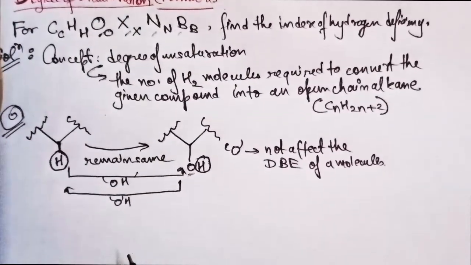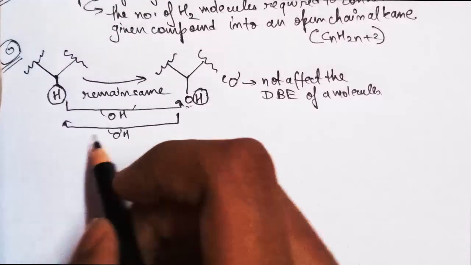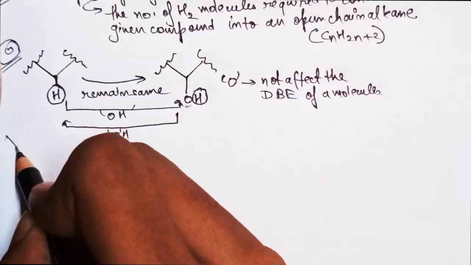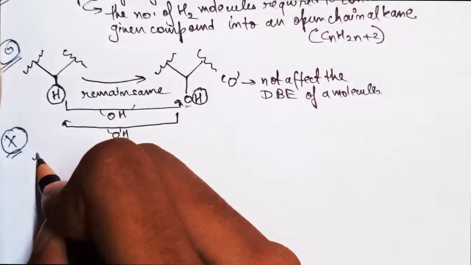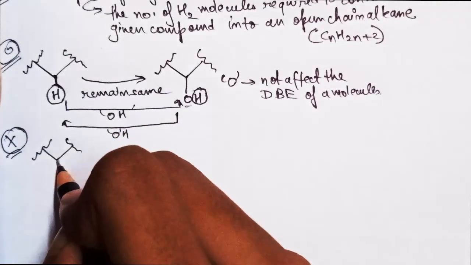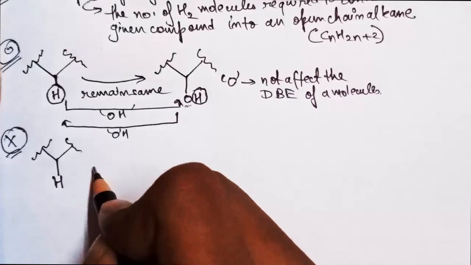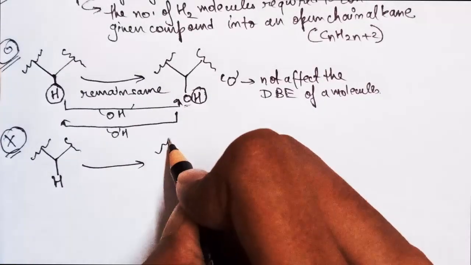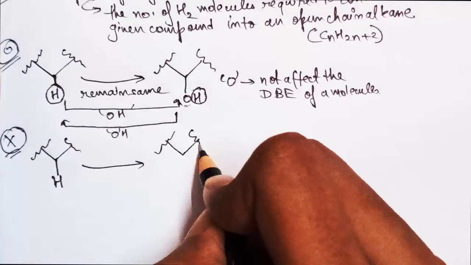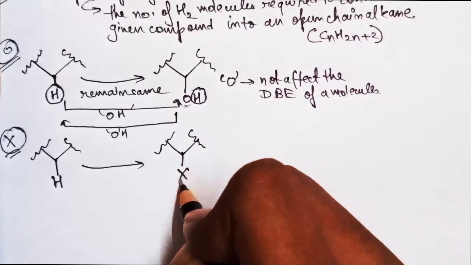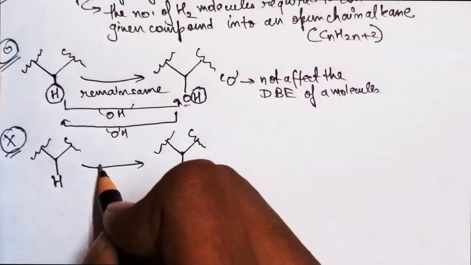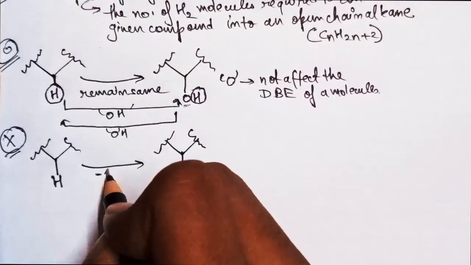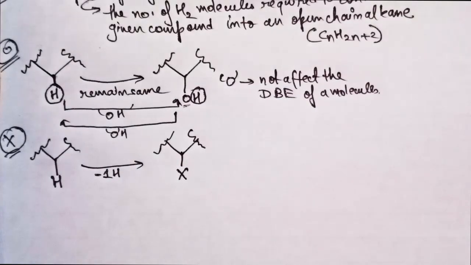Next, we'll analyze the same with the halogen. If this is a halogen, this is a hydrogen, and we need to convert it to a halogen, you can clearly see for this conversion we need to remove one hydrogen.